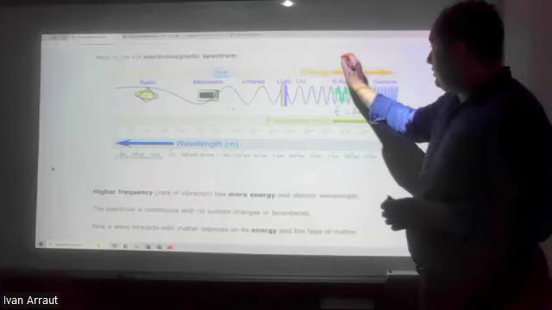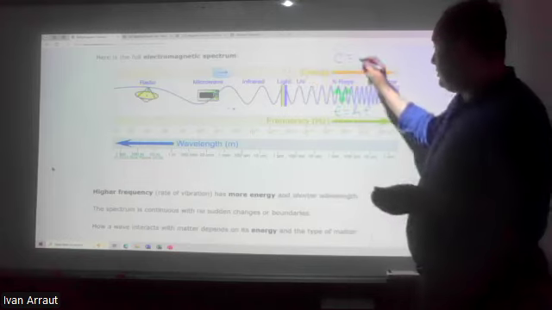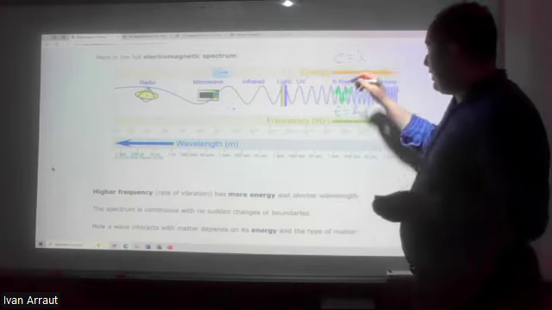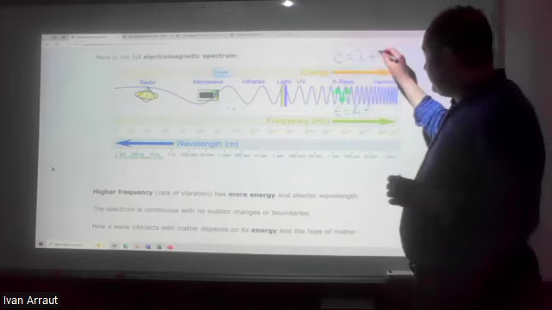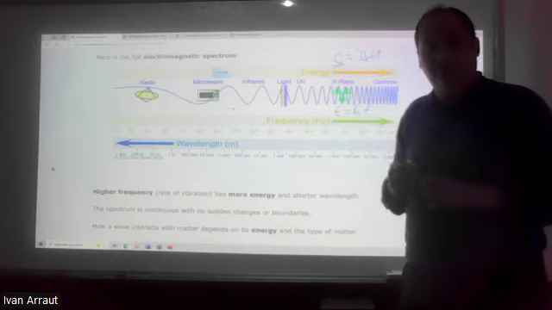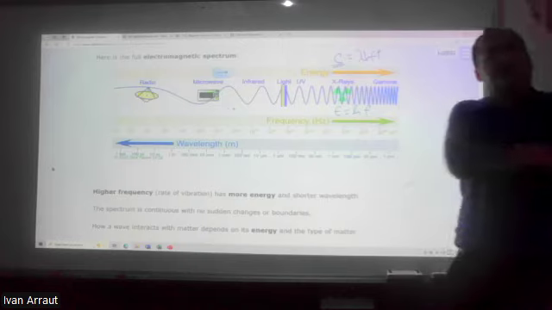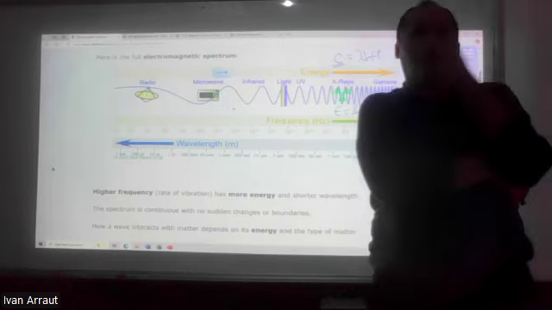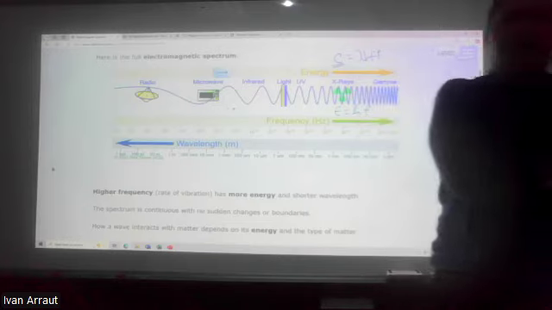Why? Because the speed of propagation of the electromagnetic wave is the speed of light. And the speed of light is the wavelength multiplied by the frequency. So if this frequency increases, the wavelength becomes shorter because the speed of light doesn't change in vacuum. Now, somebody says, well, the speed of light changes when it enters materials, when it enters the water. Well, this is a misinterpretation, actually, it's wrong.